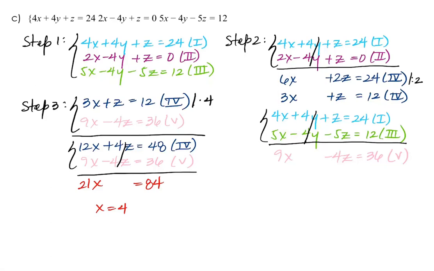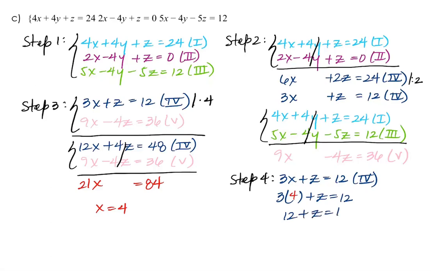Now for our next step, we're going to substitute x equals 4 in equation number 4. Once we've done that, we can solve for z. 3 times 4 is 12, plus z equals 12. Then z will be equal to 0.